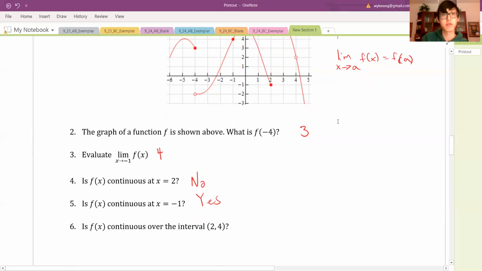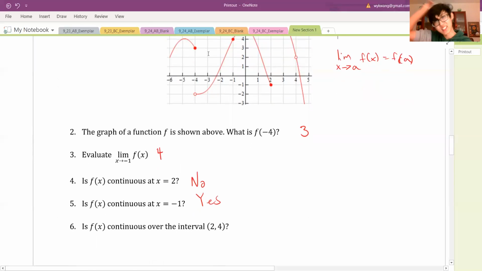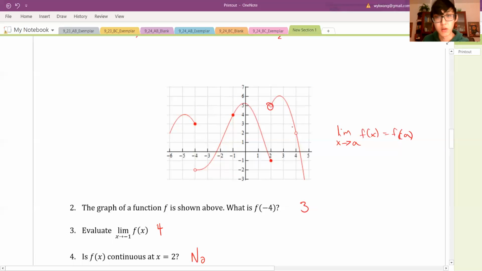Is f of x continuous over the interval of 2 to 4? I don't think I changed this problem. Honestly, this one's kind of, I'm not sure if it's dumb, but I think the answer is yes. First thing I noticed here is that these are parentheses, not brackets. Bracketed means inclusive, so I'm not sure if this would matter, but since it's not inclusive of the endpoints, that's good, because the endpoints here are holes, and that would be bad for continuity.